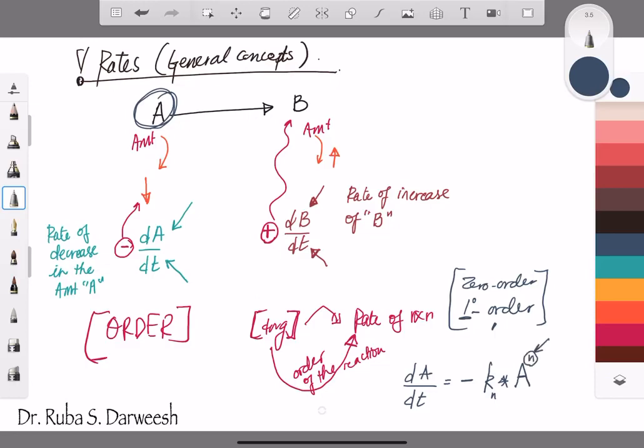So N represents the order of the reaction. Okay, so now I will start to talk about zero order, then we will talk about first order starting from this point.